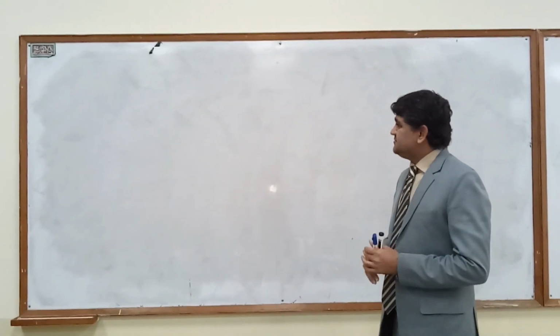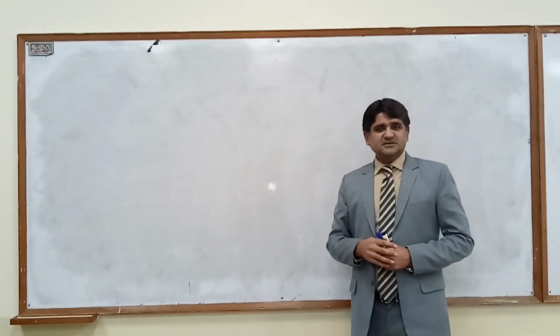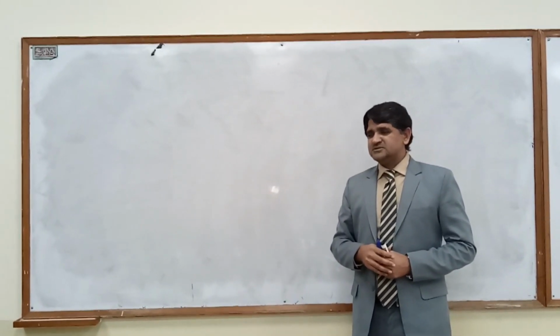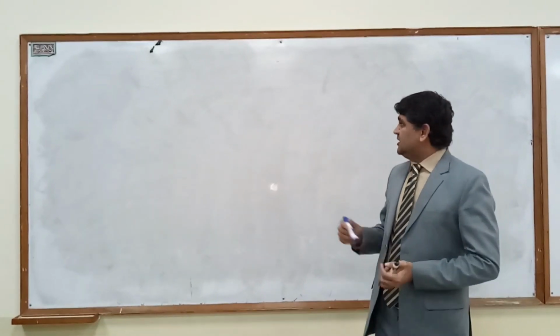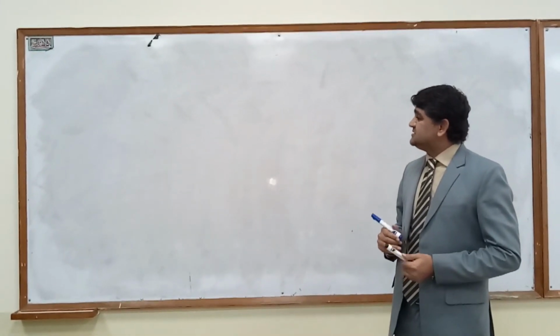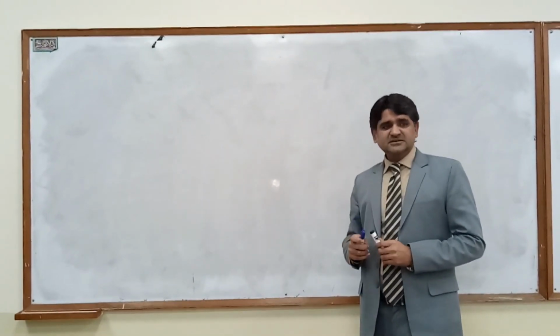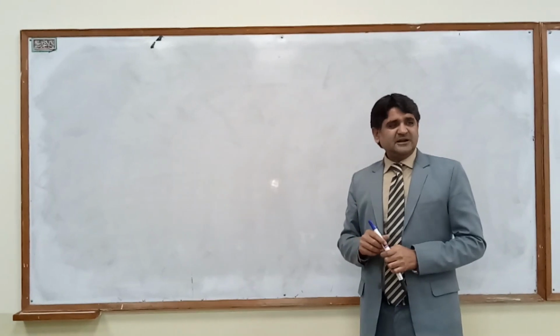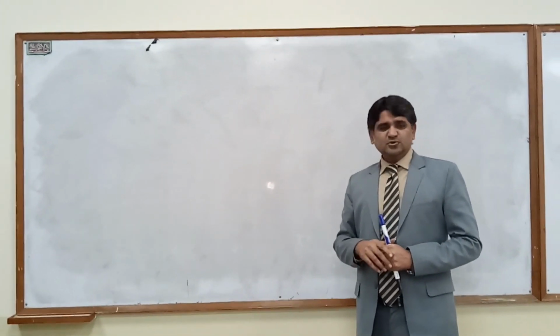We explained the Gaussian elimination method in our last class, and we practiced a few questions. The rest of the questions were part of your assignment, and I hope you have all done them. Today's lecture is also the practice of the Gaussian elimination method. In our last class we had only 2 rows and 2 columns, the order was 2 by 2.